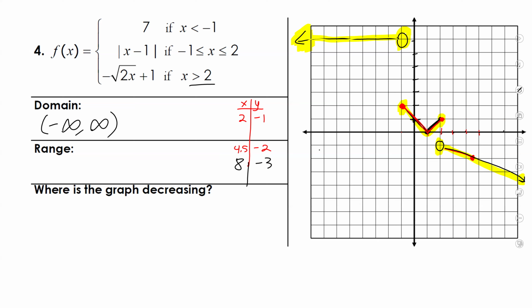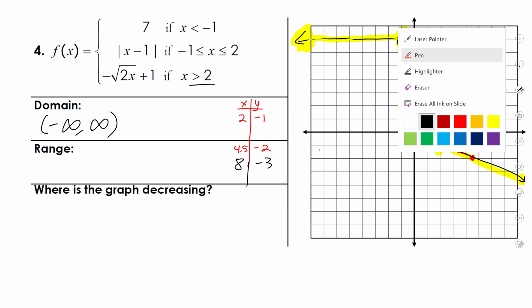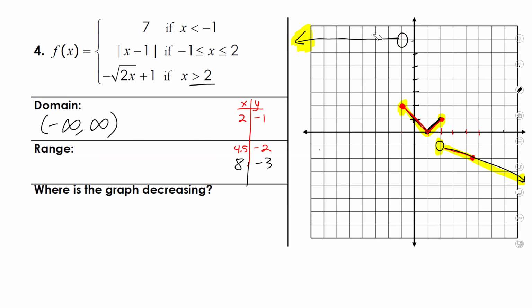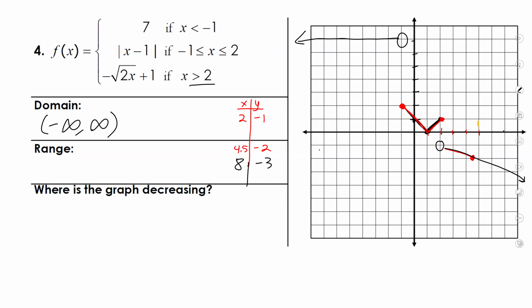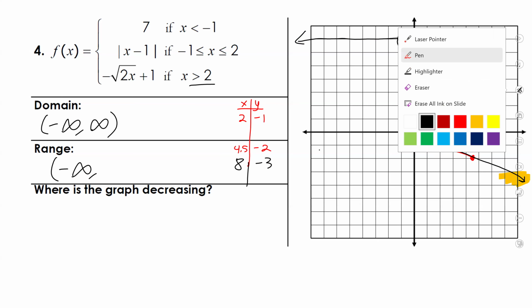Okay, now let's try the range. Where do I start for the range? The bottom. You always start at the bottom for the range. So the bottom of my graph, let me highlight it for you. Here's the very bottom. What is it pointing at? -infinity. So my range starts at -infinity. And let's follow.